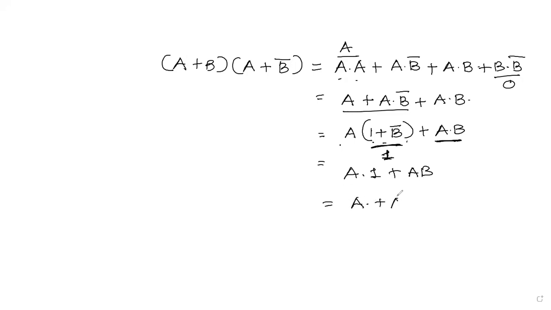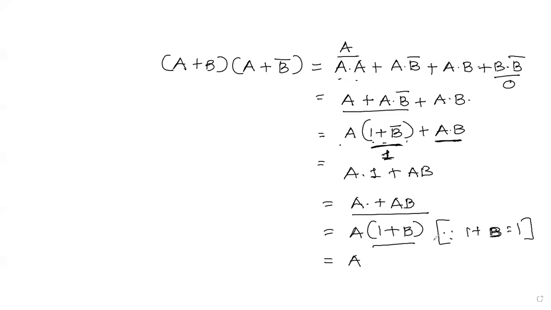Plus AB. Now I take A common, once again 1 plus B. So that gives you A, because 1 plus B is equal to 1. Again, 1 plus any variable in Boolean algebra is equal to 1. So now finally you get A. Now what does this suggest?